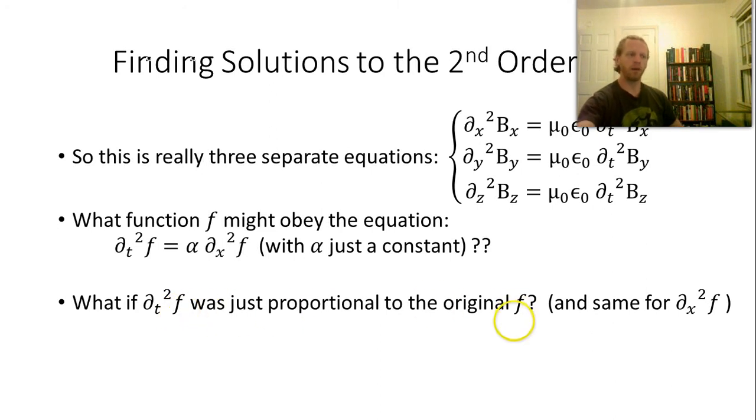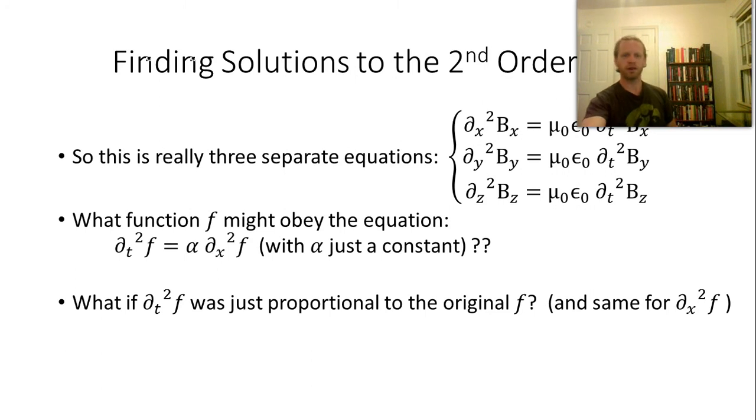For example, you can probably think of a couple of functions that would work like this. One would be e to the kx. If you take the second derivative of e to the kx, you get k squared times e to the kx. Pause now if you don't know how to get that. But if you take the second derivative of e to the kx, the result is proportional to the original function itself multiplied by a constant, in this case k squared.